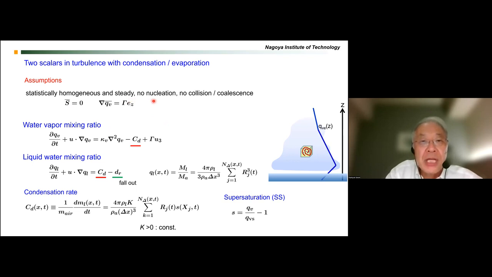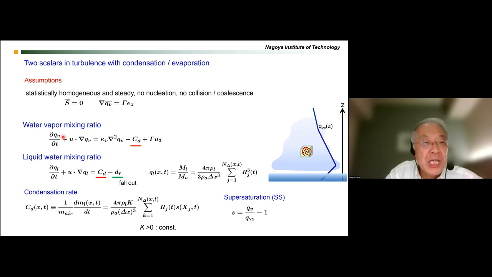And we consider no nucleation, and no collision or coalescence occurs. For simplicity, we assume that the mean of supersaturation is 0. And there is a uniform gradient along the vertical direction.